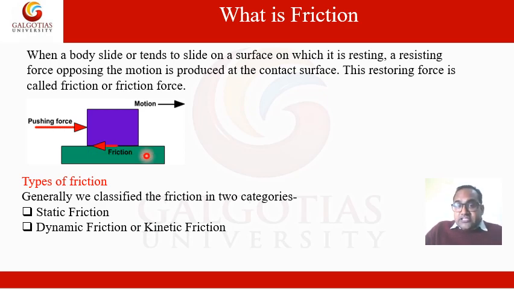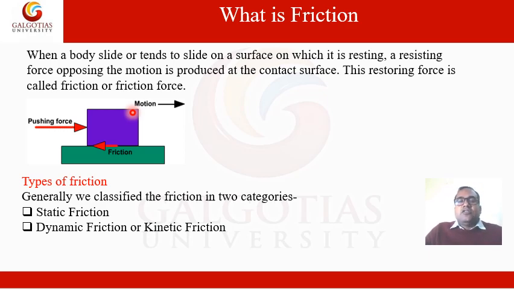If this surface is rough, then the frictional force is more as compared to the smooth surface. This is how we can define friction by taking this particular example. Now we have the definition of friction, and we have clarified all the concepts of friction.